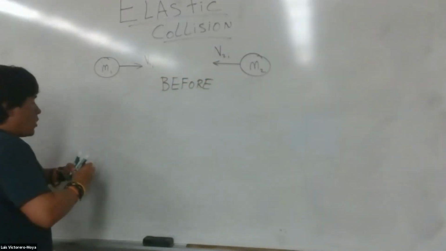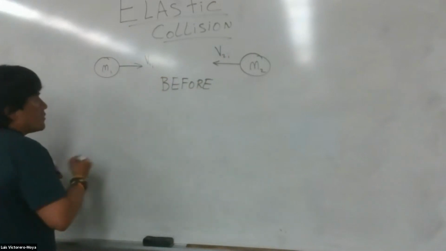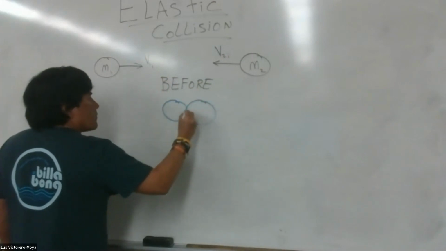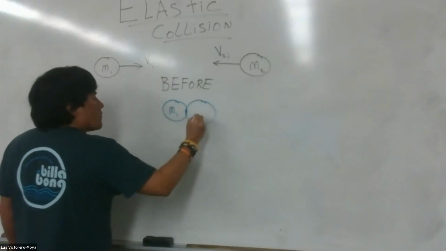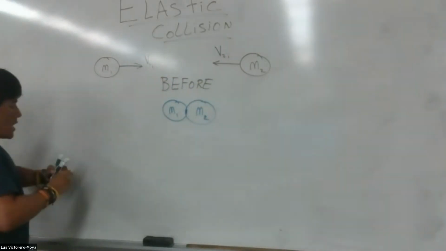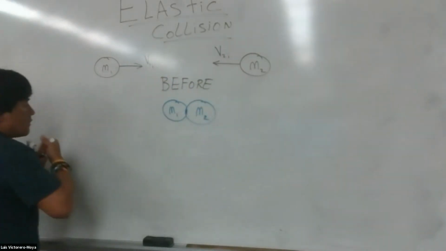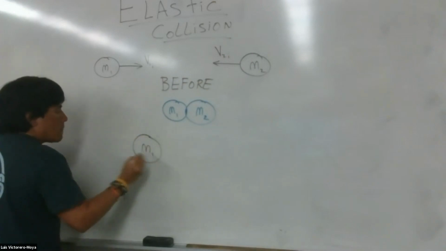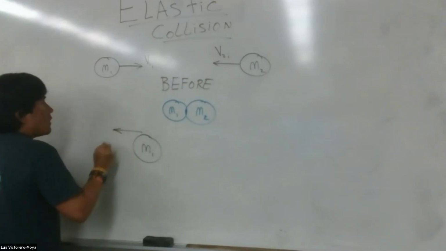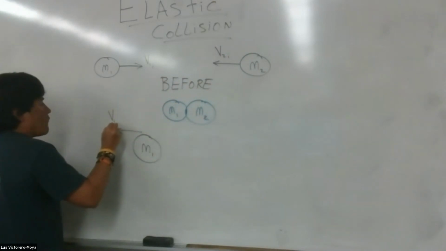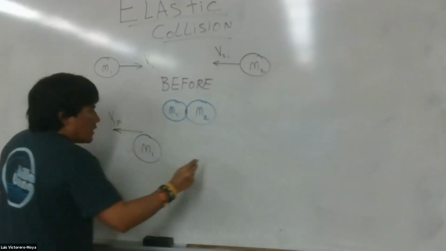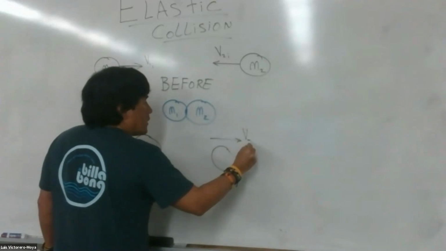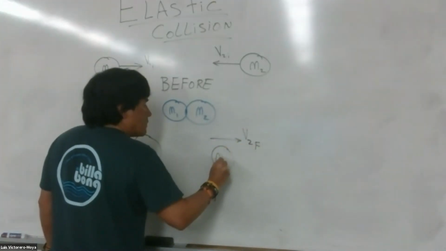But now after the collision, they collide. And then as you expect, let's say M1 is moving to the left, V1 final, and this one is moving to the right, V2 final.